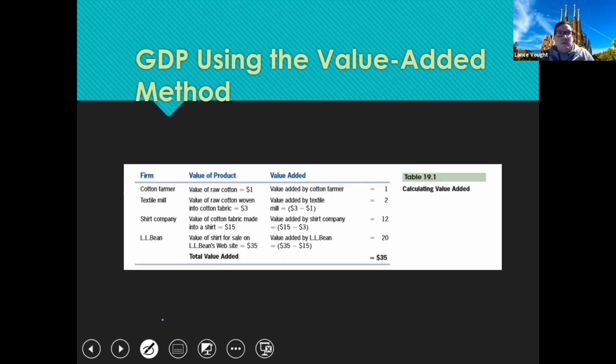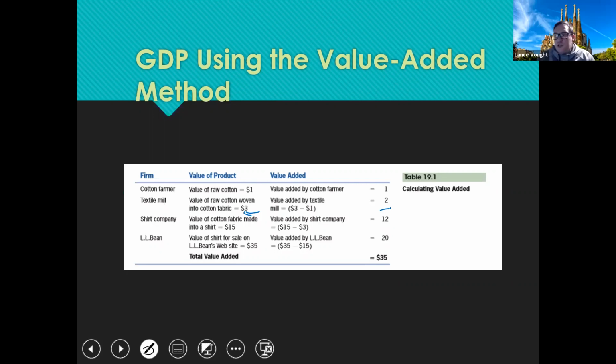The textile mill takes that cotton, turns it into a fabric. They then sell that fabric to the t-shirt company for $3. So if you take the $3 that was the value of the fabric and you subtract the $1 from the cotton value, you create $2 in additional value.